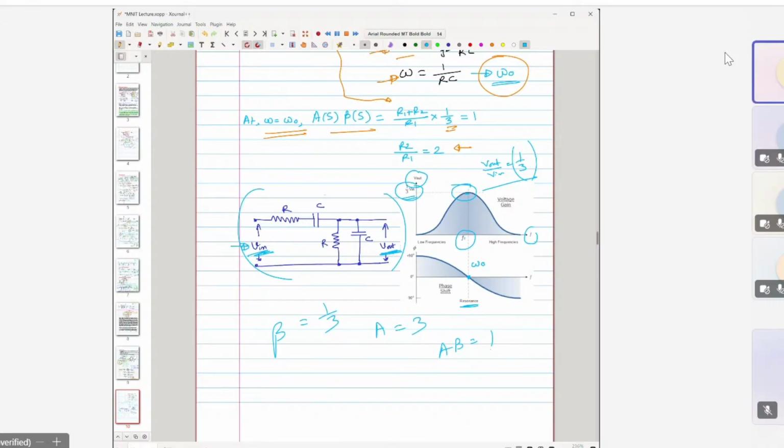What is the total phase shift? Total phase shift here is 0. The amplifier part also provides 0 phase shift, right? So both the loop gain magnitude criterion and the 0 phase shift criterion are satisfied. That way the Wien bridge can produce a sustained oscillation, and you will get a sustained sinusoidal output waveform.